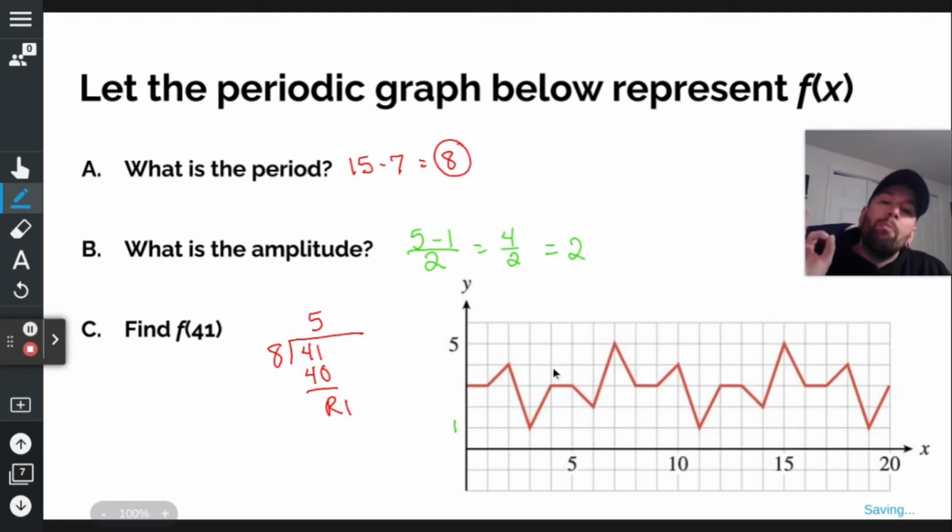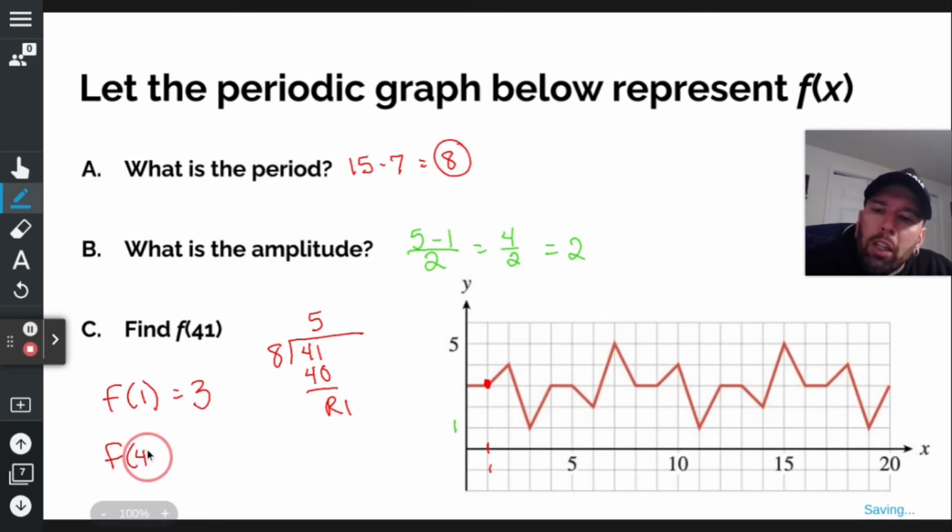Now, why is that important? Your remainder is telling you that 41 behaves in the same exact way as 1. When x is 1, I'm at 3. So f of 1 is 3, which means f of 41 behaves the same exact way, because if I were to cut this guy and move it over a bunch of times, we will end up with that guy right there.